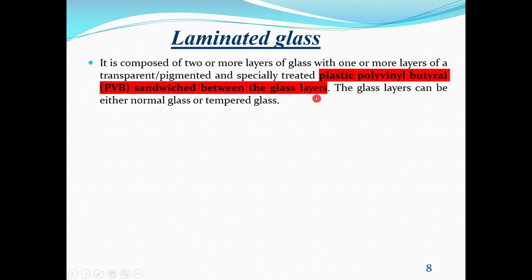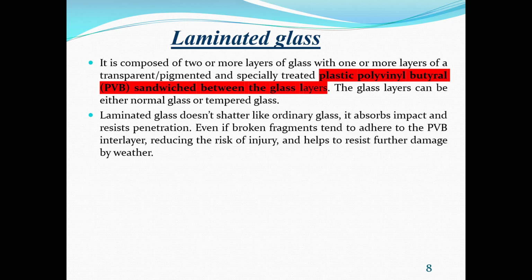The glass layers can be either normal or tempered glass. The advantage of laminated glass is that it doesn't shatter like ordinary glass, as it absorbs impact and resists penetration. Even if broken, fragments tend to adhere to the PVB interlayer, which reduces the risk of injury and resists further damage.